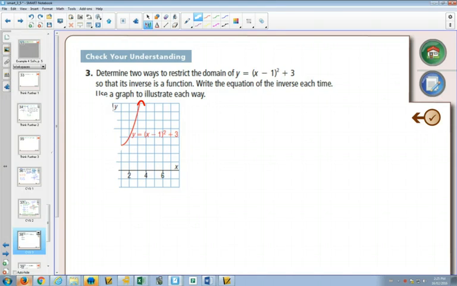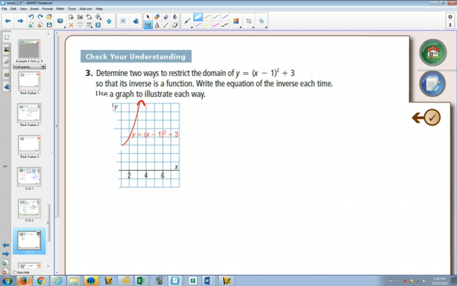And if I erased until I got to the vertex, then that would create something that passes the horizontal line test. And then when we do the reflection, our new graph would pass the vertical line test. So anytime you have a parabola, that key point is the vertex.